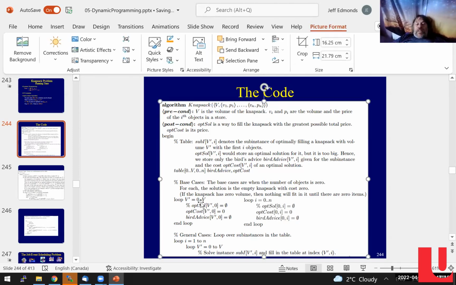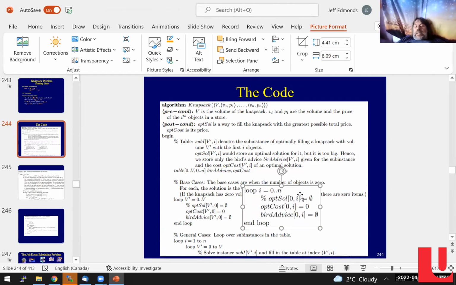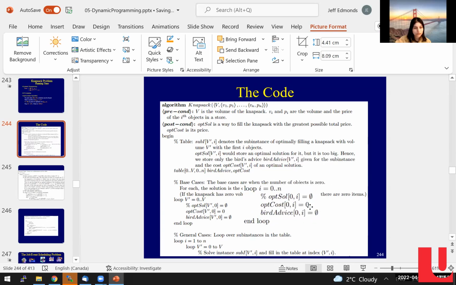And what is our answer? Well, if I is 0, then we know that the solution is kind of the empty solution of volume 0, because we have no objects. So there's nothing you can put in, so the cost will be 0. And when the volume is 0, then again, the volume is 0, so you can't put anything in it, and the answer will be 0.